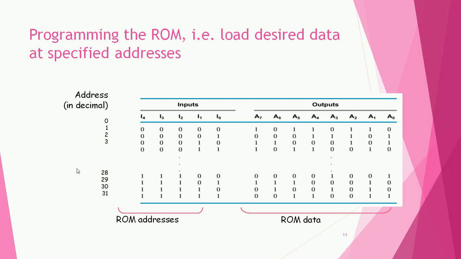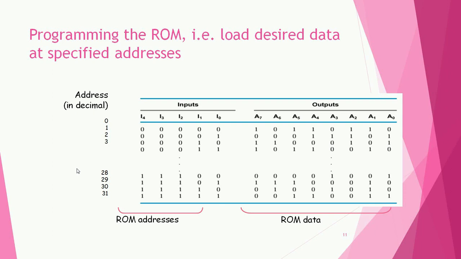You will observe I0 to I4 are the 5 address lines, and the addresses in decimal are from 0 to 31. So at every address some information is to be stored, from A0 to A7 as shown over here. So data will be stored over there.